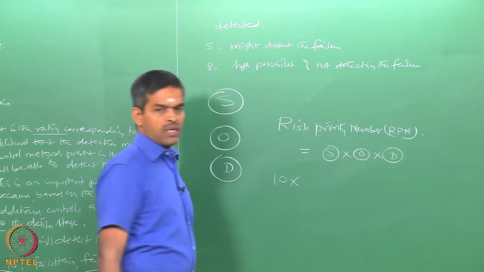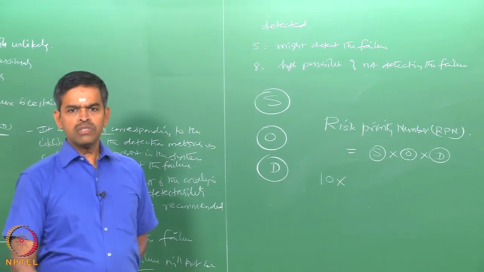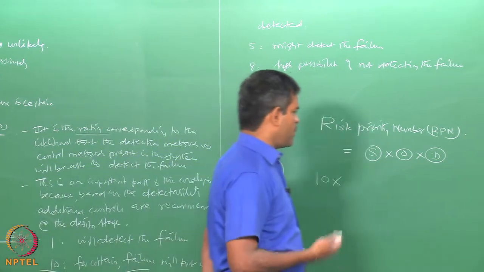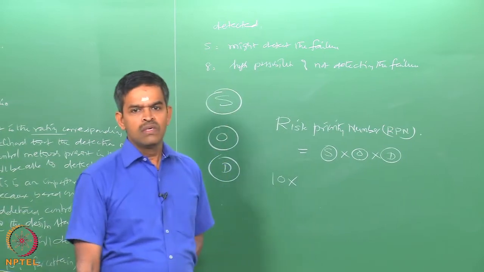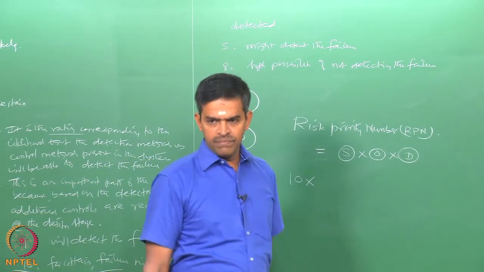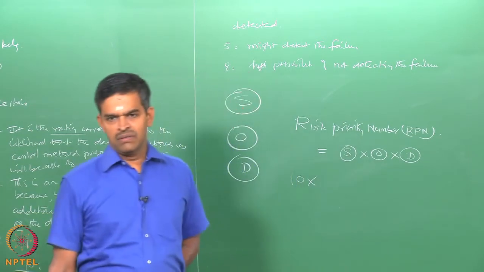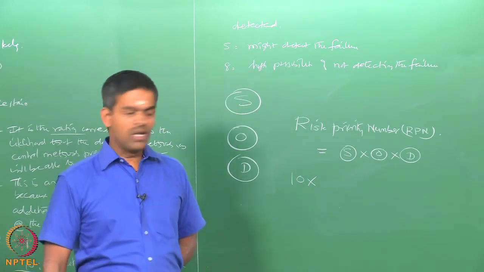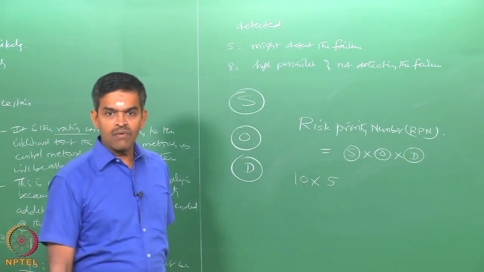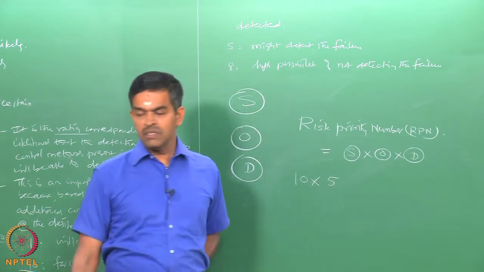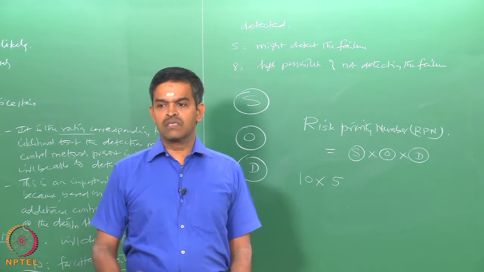So, I put S value as 10 for the component, but most severe component or most sensitive component which is going to cause seriousness to the effect of the potential failure generally is designed in such a manner in a given system, they will not fail very frequently, but they may fail occasionally. So, let us say I put a number 5 here. I think you will agree with me that I will not put a number 10 here, because number 10 in occurrence indicates that failure is certain.